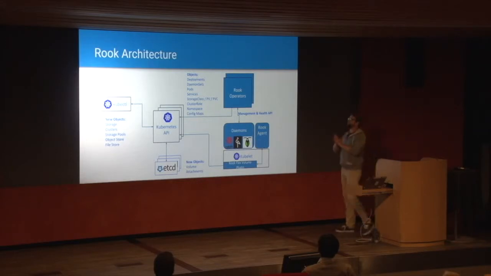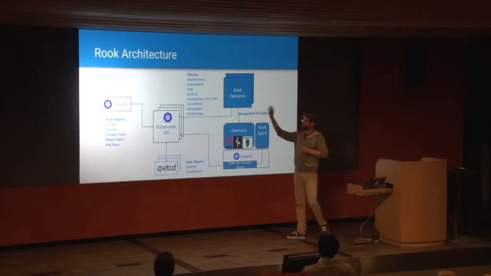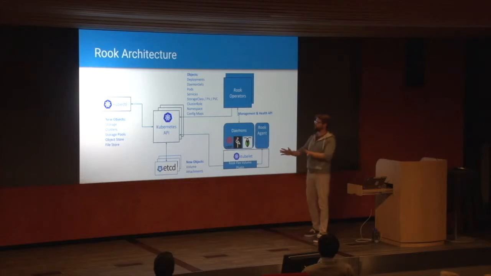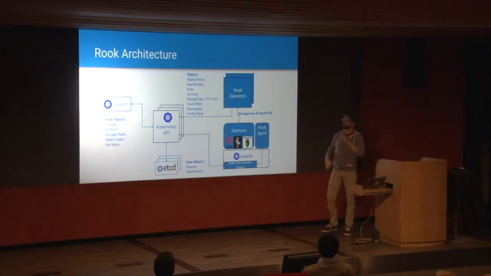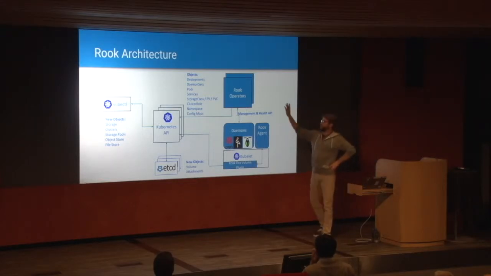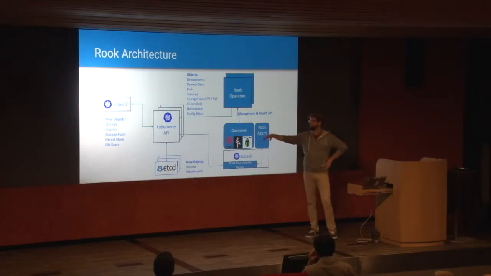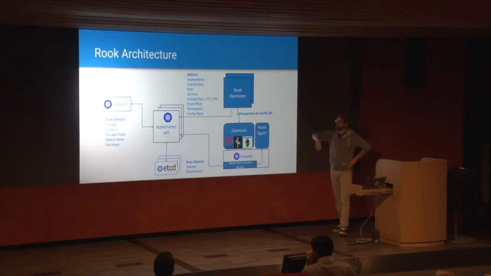Anywho, kube control is the command line Kubernetes tool that everyone knows and loves to manage their Kubernetes clusters. What this is saying is that on the command line, through the custom resources that Rook installs, we get all these new types to interact with: a storage cluster, a storage pool, file store, object store, all that sort of stuff.